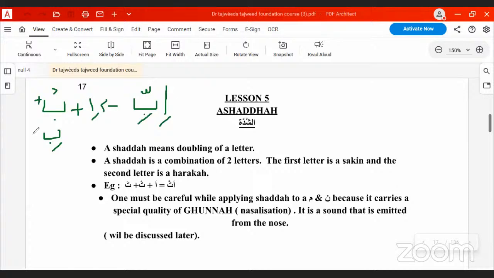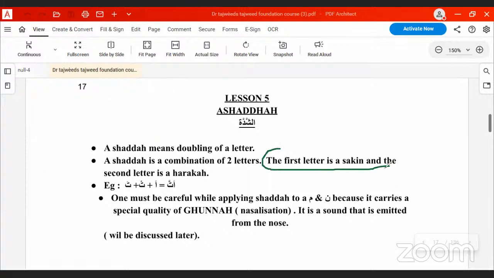This is how the explanation of shadda is. There will always be 2 letters. The first letter is always a sukoon, a sakin. These are the basic things which you need to know. The first letter is a sakin and the second letter is a haraka. Haraka means fatha, kasra, dhamma.